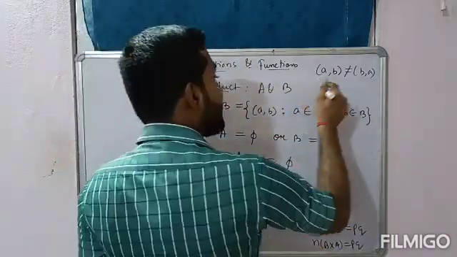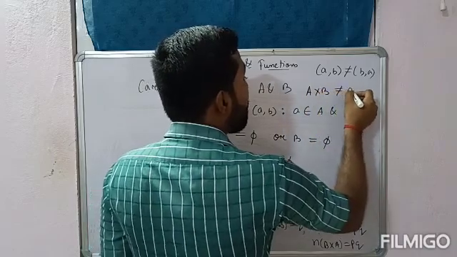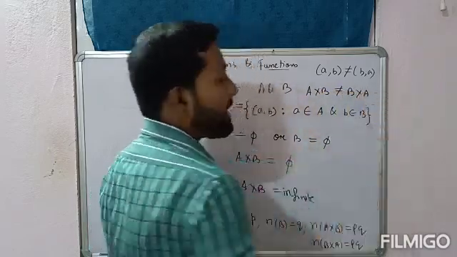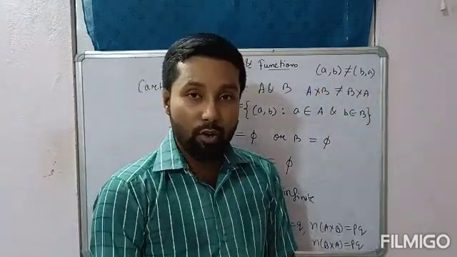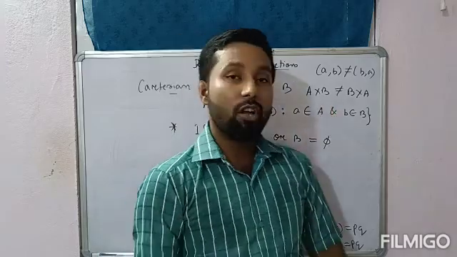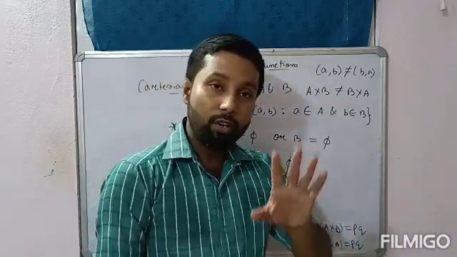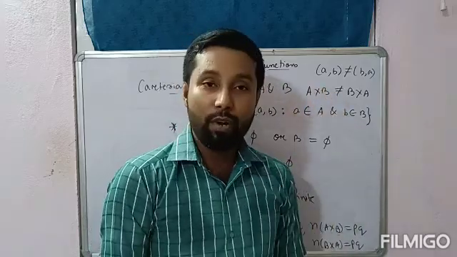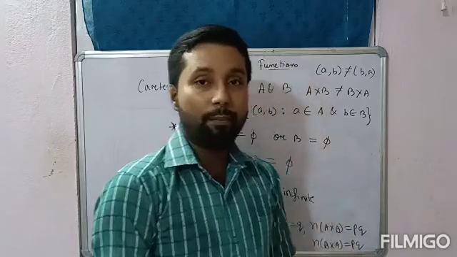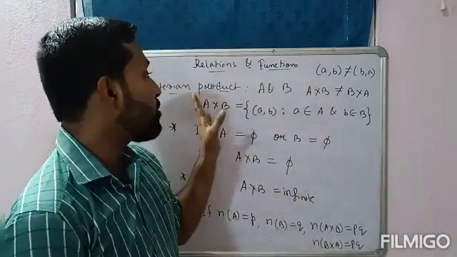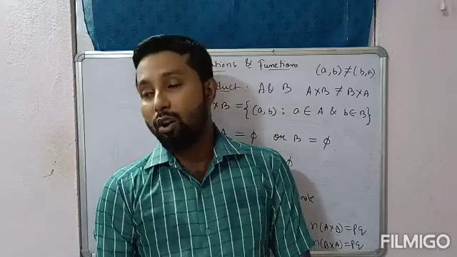That is why we can say that A cross B is not equal to B cross A. You have to remember this also. If A comma B is not equal to B comma A, then A cross B will also not be equal to B cross A. Okay? So in Cartesian product these will never be equal. I will discuss a few examples also. Okay. So this is all about Cartesian product, equality of ordered pairs and ordered pairs.